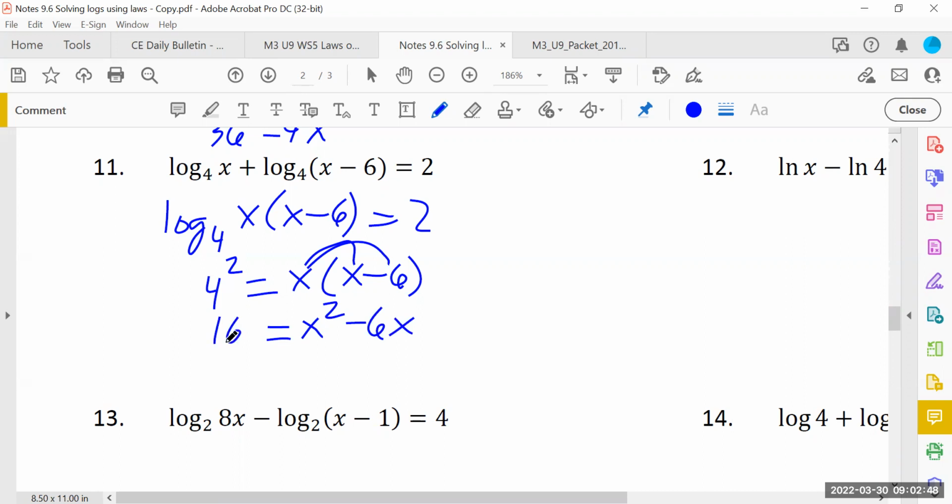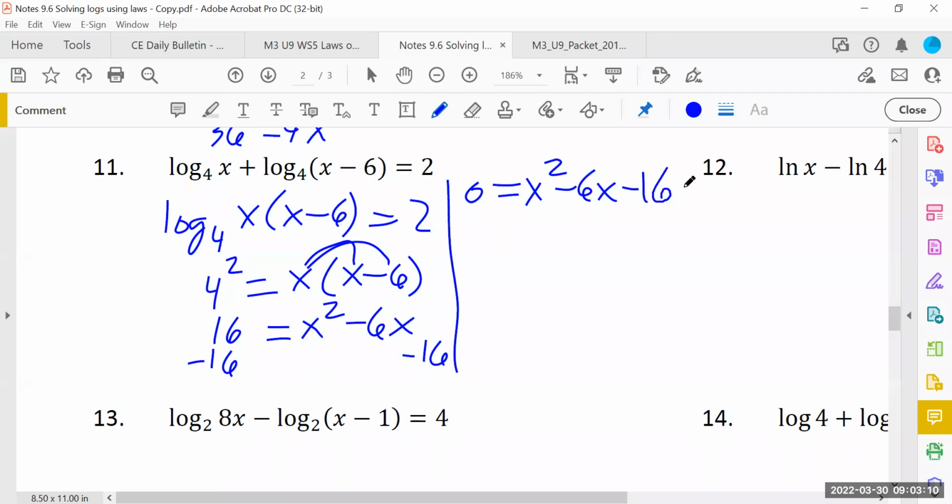If you have x squareds and x's, you have to get everything on one side and factor. So we've been doing this all year long. Here it is again. Subtract 16. 0 equals x squared minus 6x minus 16.